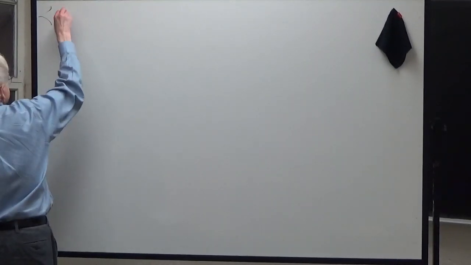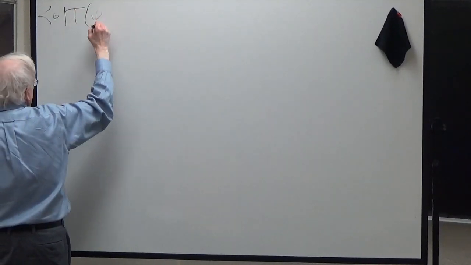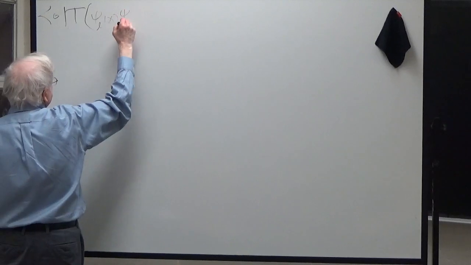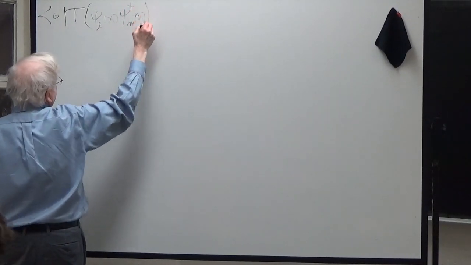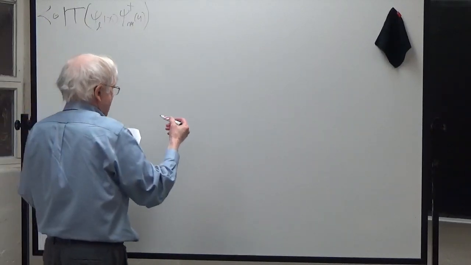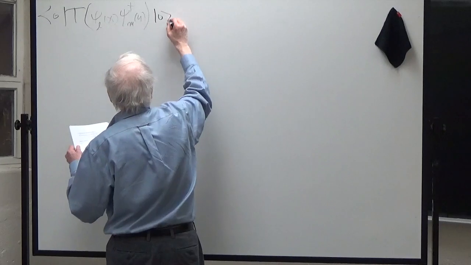Okay, so if we put these things together, what do we get? What we get is the time-ordered product of psi L of x, psi dagger M of y.